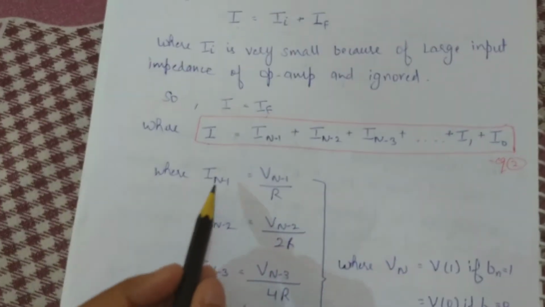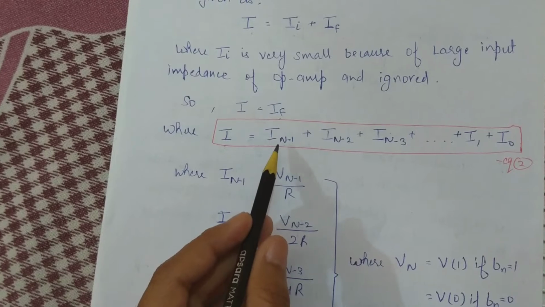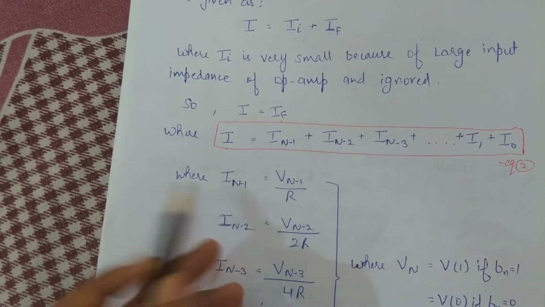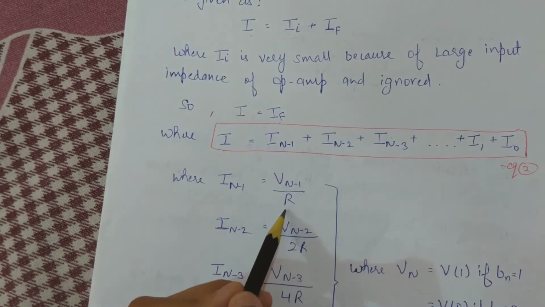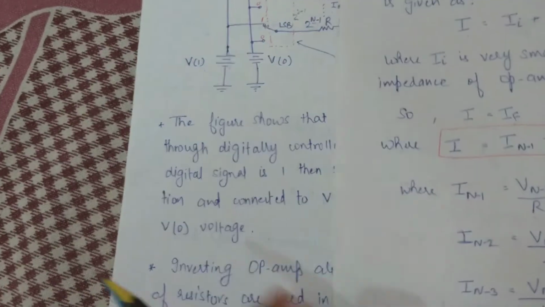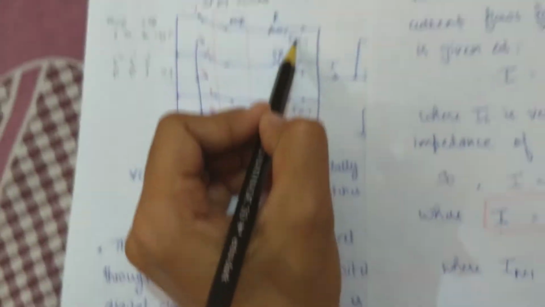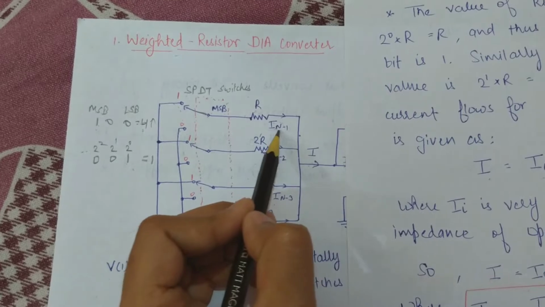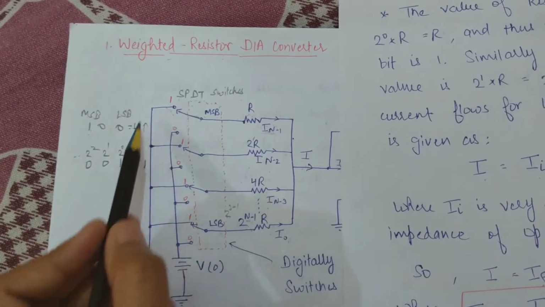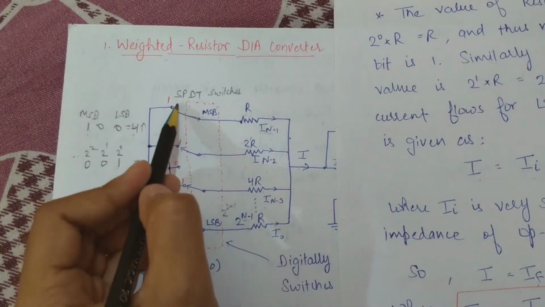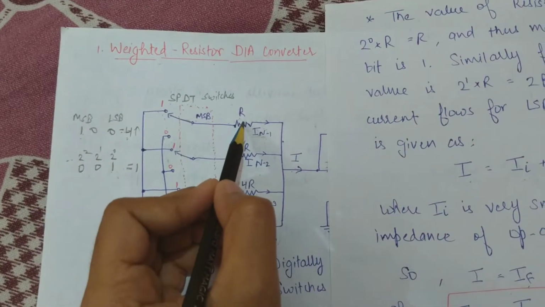Now what will be the value of these currents? The value of I(n-1) will be equal to V(n-1) upon R. You already know that the value of current is equal to the voltage applied here, upon the resistance.